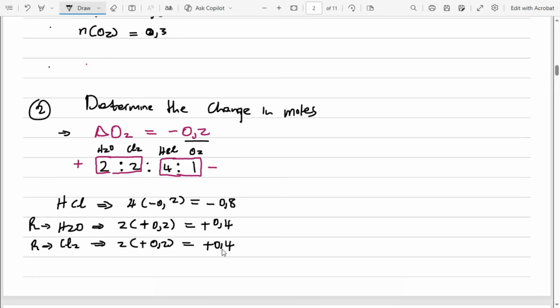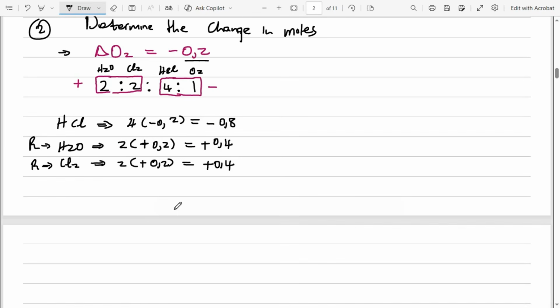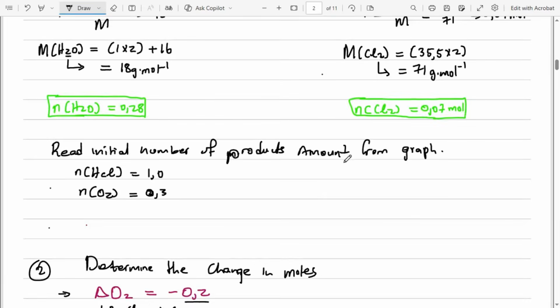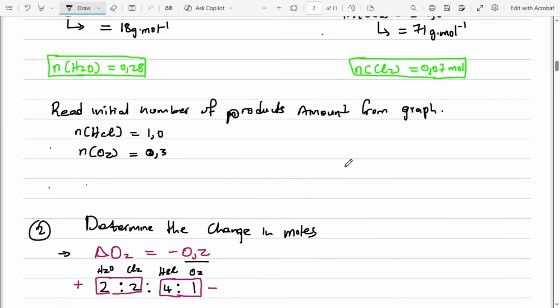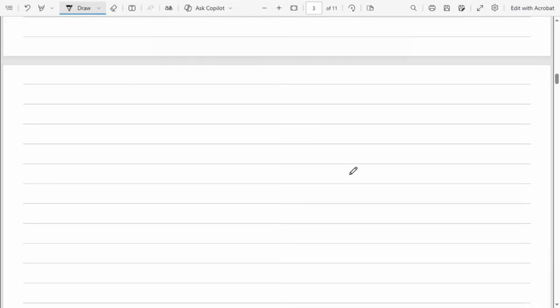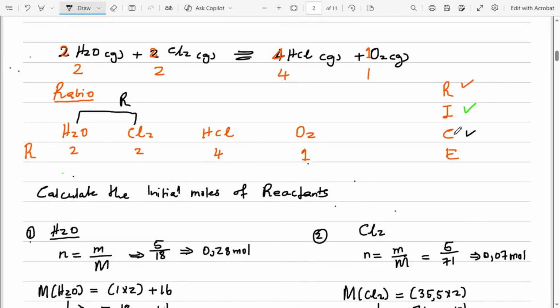Now you can start doing your table, or you can continue finding other things that you will need for your table, because now you have the change. We are at this step and we have the change for all these molecules.